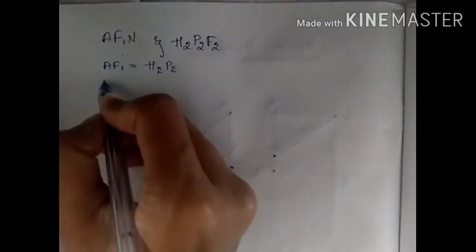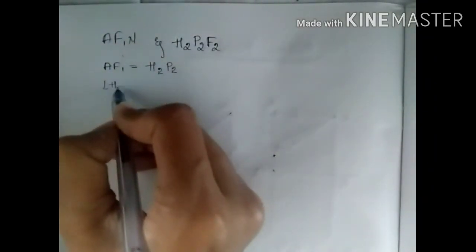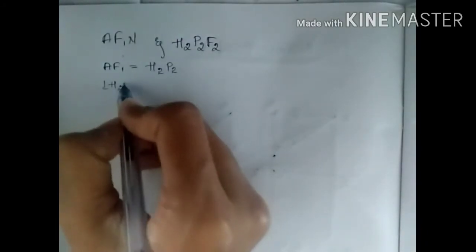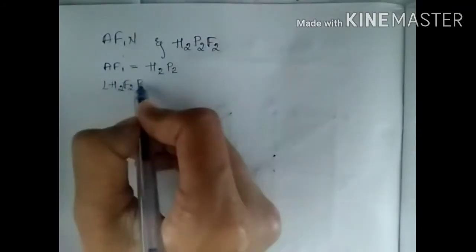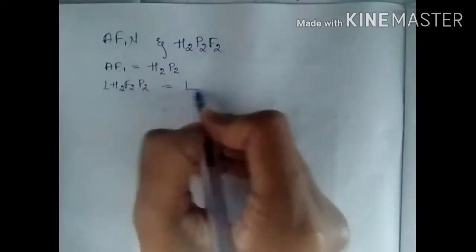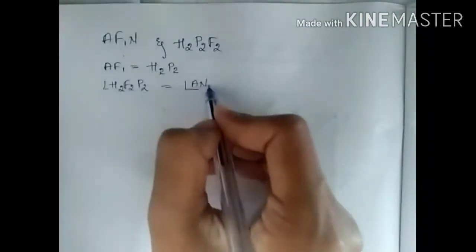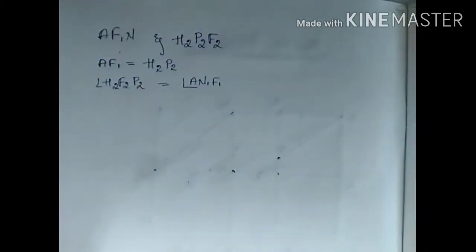So again we can write the angle H2F2P2 is equal to angle AN1F1 because AN1 is parallel to H2F2.